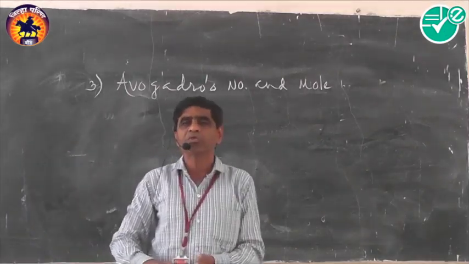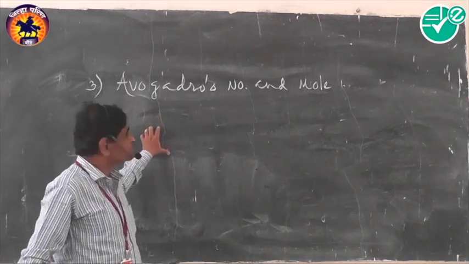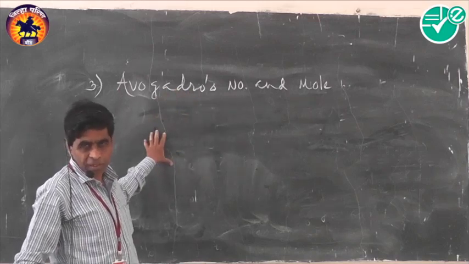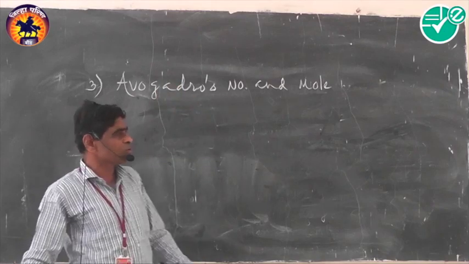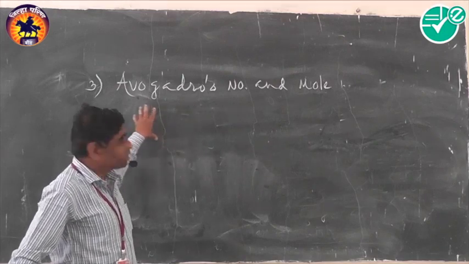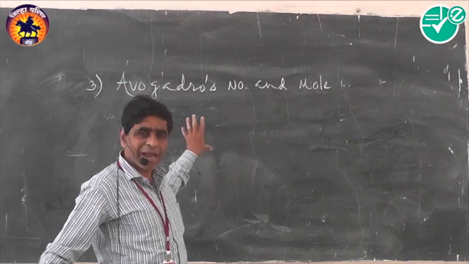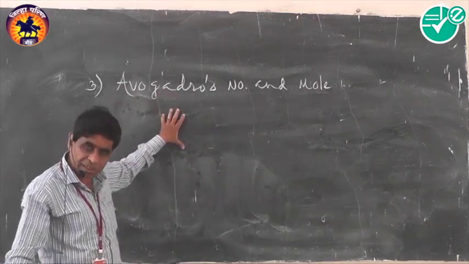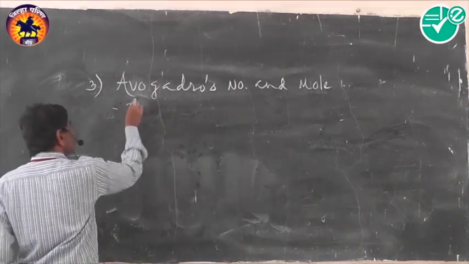Now you know what Avogadro's number actually is? Remember, the number of atoms of carbon present in 12 gram of carbon is Avogadro's number. Experimentally it is observed, according to Avogadro, that 12 gram of carbon consists of 6.022 into 10 raised to 23 atoms of carbon, and thus this 6.022 into 10 raised to 23 is considered as Avogadro's number.